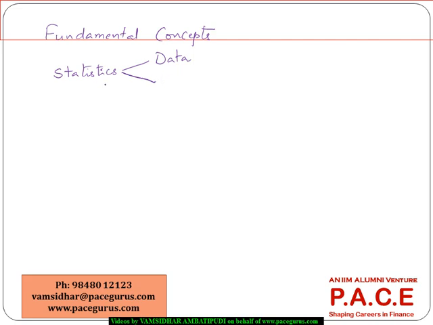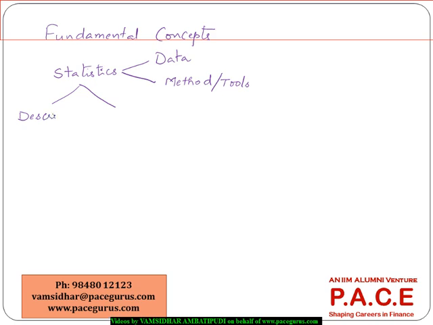So sometimes people use the word statistics to mean data, and in most cases, statistics means some methods or tools to analyze the data and derive some kind of conclusions out of it. So, in general, statistics got broken into two major dimensions.